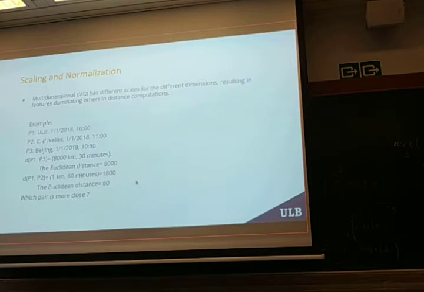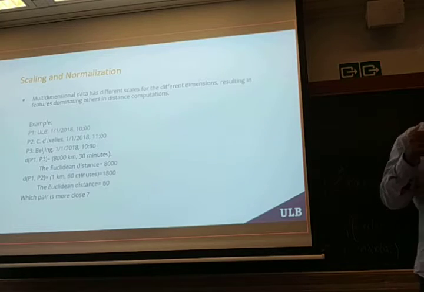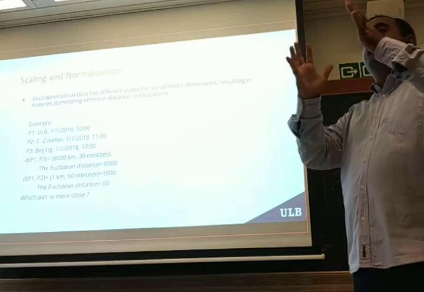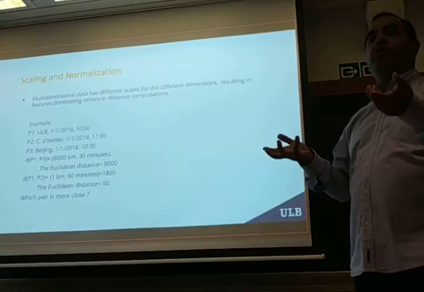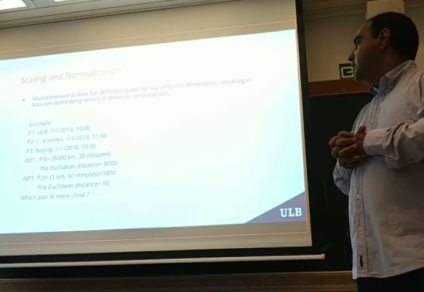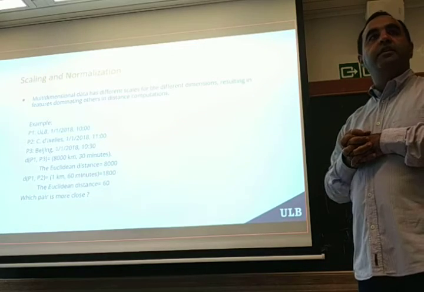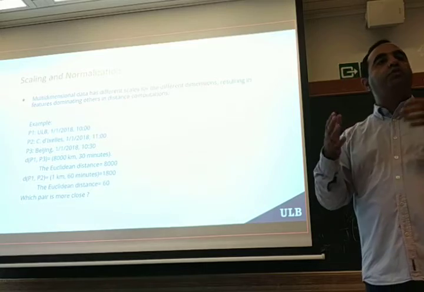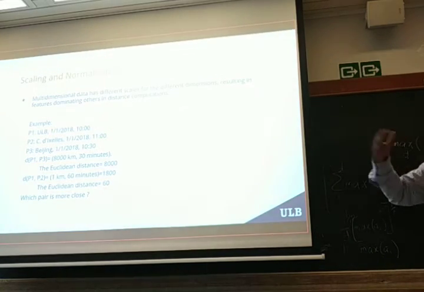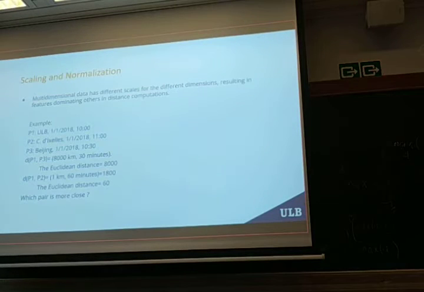So when your data is multidimensional, you have different features, and then you want to combine all of them in one number. Typically, you will use Euclidean or another LP norm variant. But before doing that, you need to scale and normalize your data in order to balance the different dimensions so that they have similar effects on the overall result.